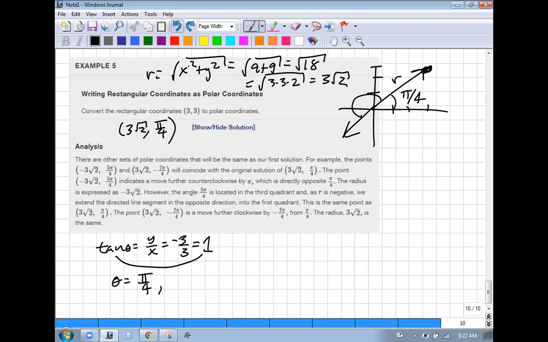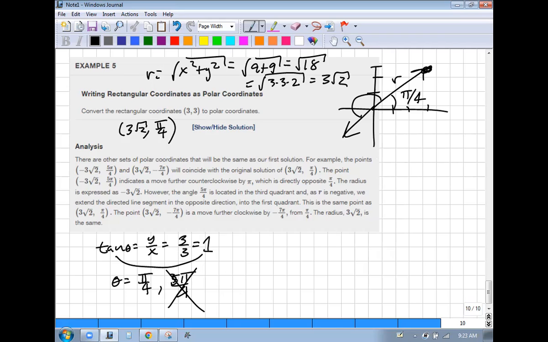So when we solve this equation, you have to know what quadrant your point is in. This would be 5 pi over 4. But we know it's not that one, because our coordinate is in quadrant 1. Does that make sense? Yeah?